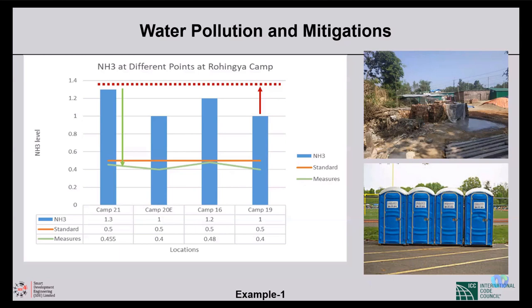So what we're talking about is the different parts of the route, where you can have different sorts of pollution. Here is the same graph. Existing ammonia levels, because of leakage of toilets. That is the reason we get ammonia in the drinking water in the nearby tubewells. You see the standard is the red line, and the blue is much higher.